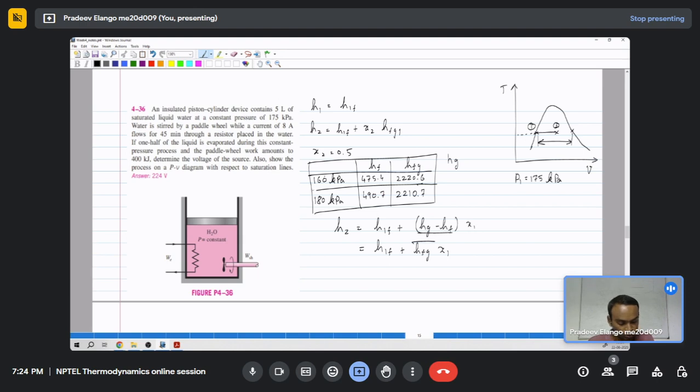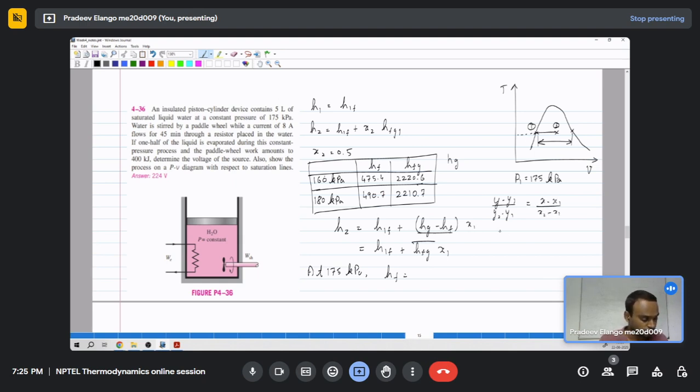Now we want to find the HF and HFG value at 175 kilopascal. For HF we can use a linear relation: y minus y1 by y2 minus y1 is equal to x minus x1 by x2 minus x1.